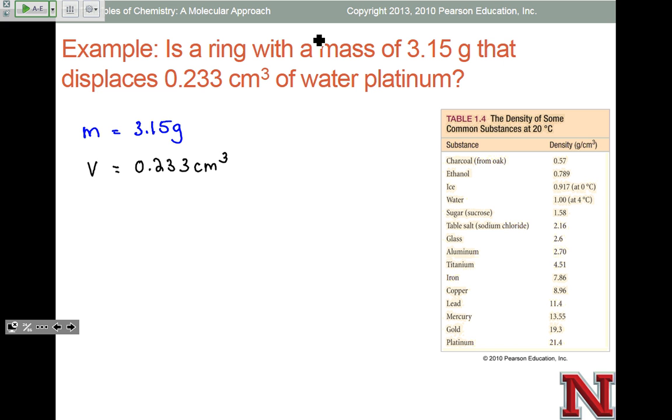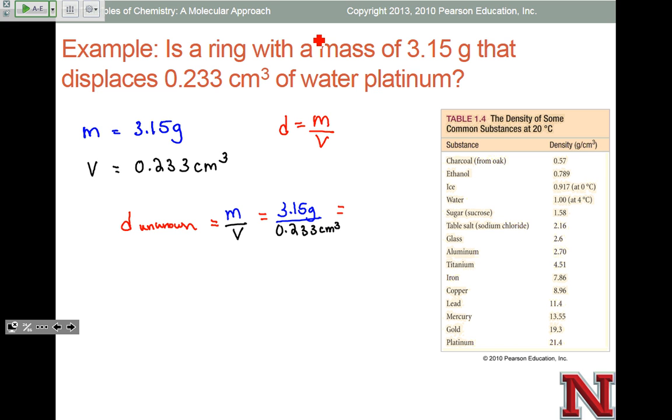So to find my density, I know my density is related by mass over volume. I have both of those, so I will calculate it. My density of my unknown is going to be equal to my mass of my unknown divided by my volume of my unknown, which in this case is equal to 3.15 grams divided by 0.233 centimeters cubed.